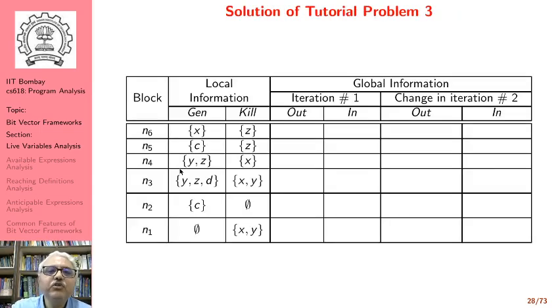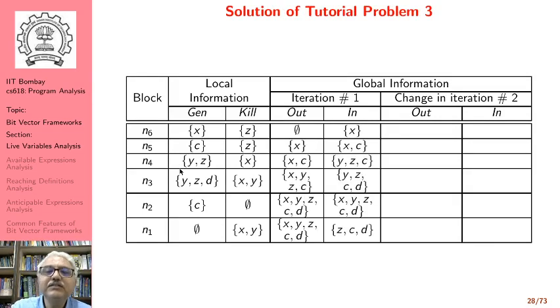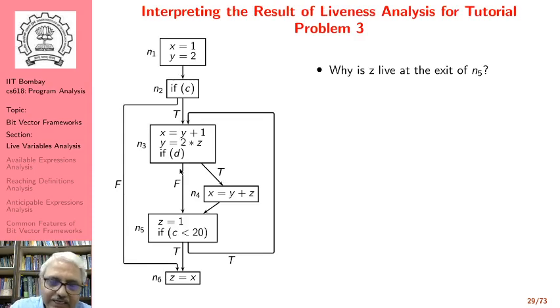Now we have the solution of liveness analysis. Again, I will not go over each and every step. Instead, let us look at some interesting questions here on this control flow graph, which are derived from the results that we got in the table in the previous slide. So the first question is, why is Z live at the exit of N5?